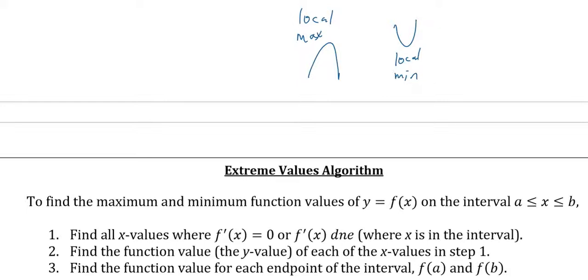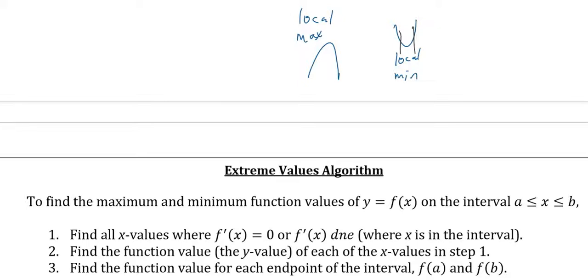It might turn and go back down and go lower, right? But locally, as in if I define some interval around there, like I could just do this, that's the lowest point there. It's a turning point, right? And that occurs when the derivative is 0, when you have a horizontal tangent line.